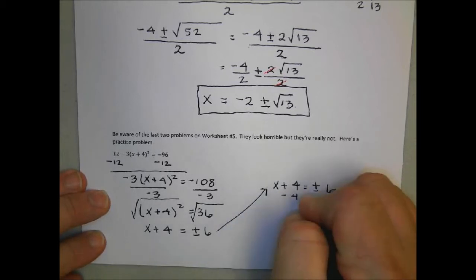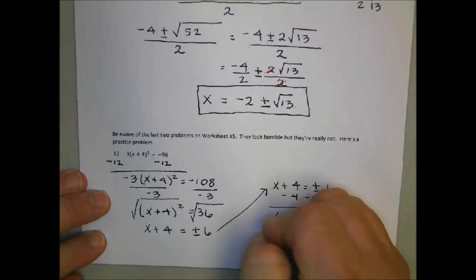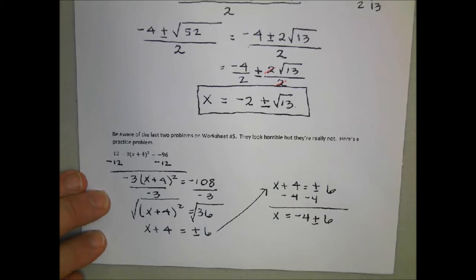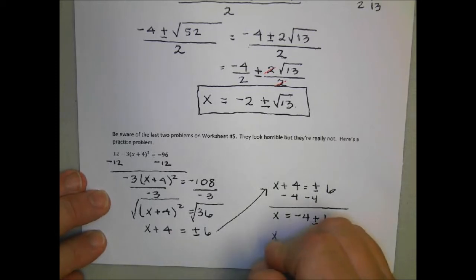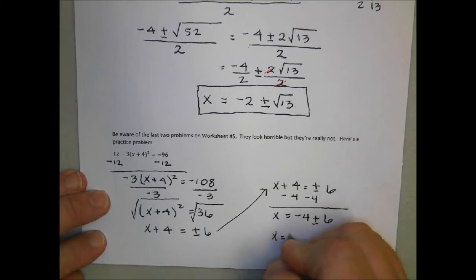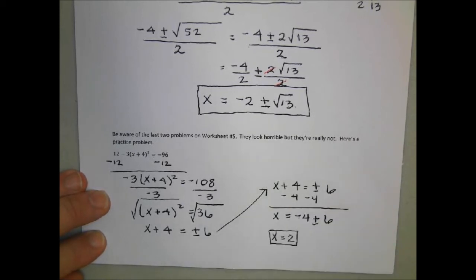The last step is subtract 4. And I get x equals negative 4 plus and minus 6. And here's where I can take the high road and the low road again. Negative 4 plus 6 is positive 2. And the low road, negative 4 minus 6 is negative 10.